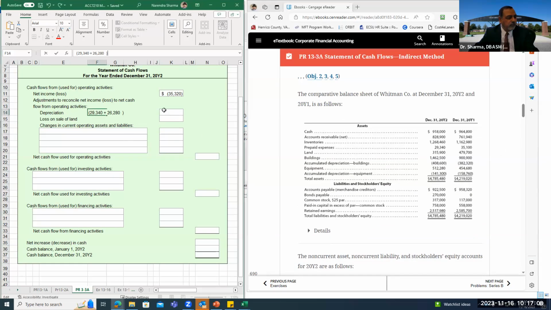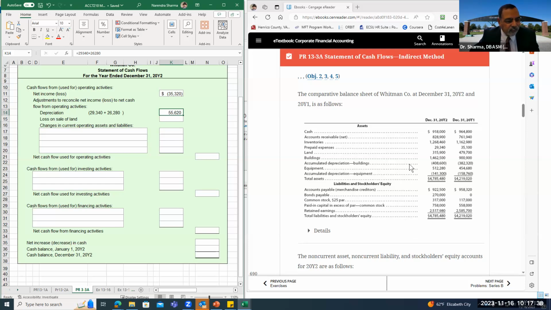So we add these two: 29,340 plus 26,280 would give you 55,620. All right, so that is taken care of. Now, again, remember, you have to check the accumulated depreciation accounts to find the depreciation for the year.